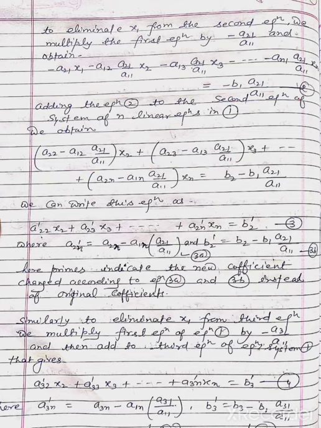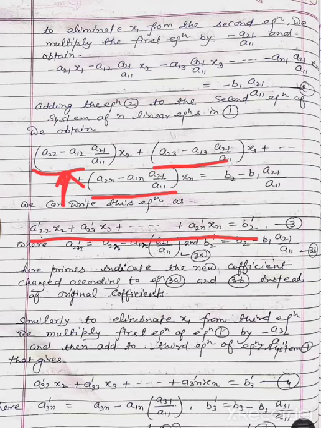Here we can write this equation in this form. Here this bracketed term is replaced by a prime 22. We can say it a dash 22 or a prime 22, and this a prime 23, and similarly this is a2n prime and this is b2 prime.